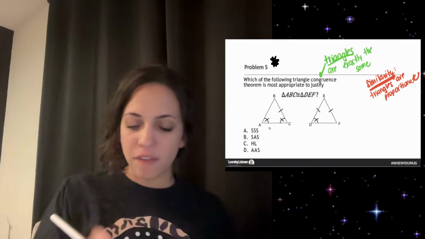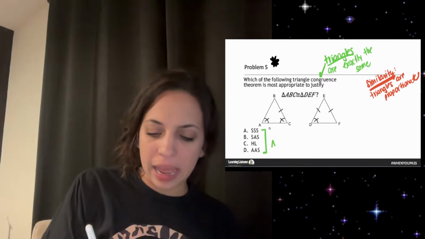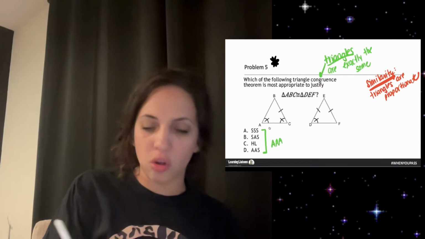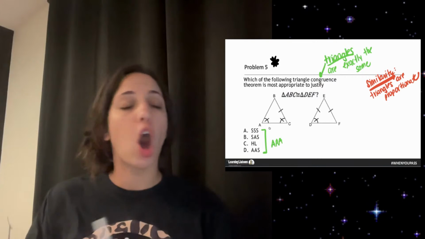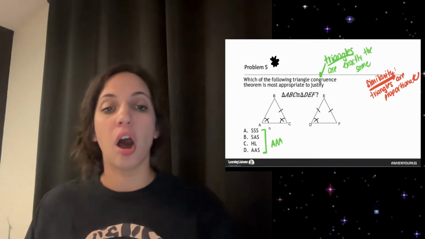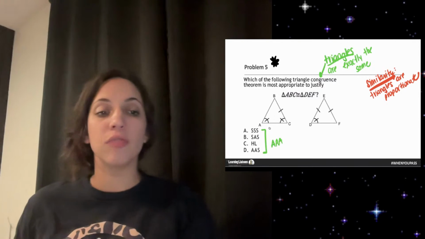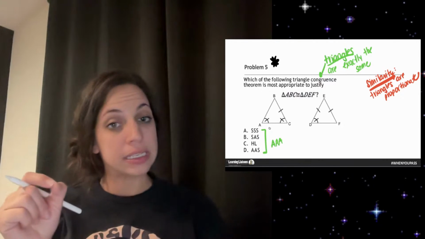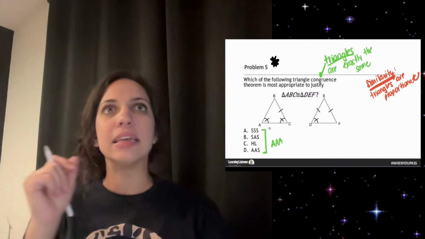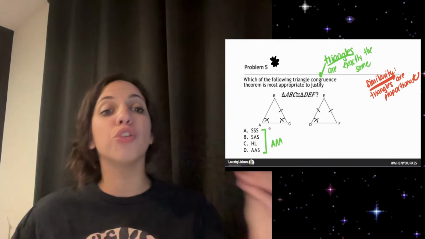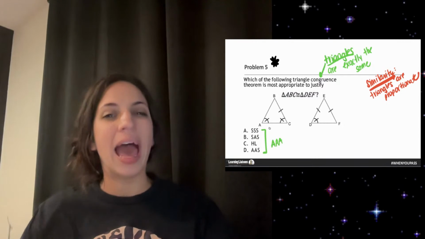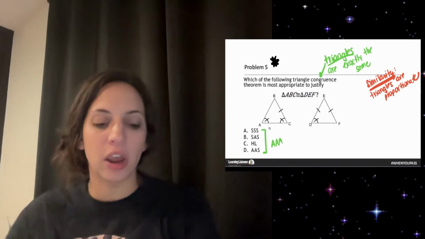So if you ever see an angle theorem, you can automatically write that off for congruency, because that is not something that can prove congruency. You have to have something else there.